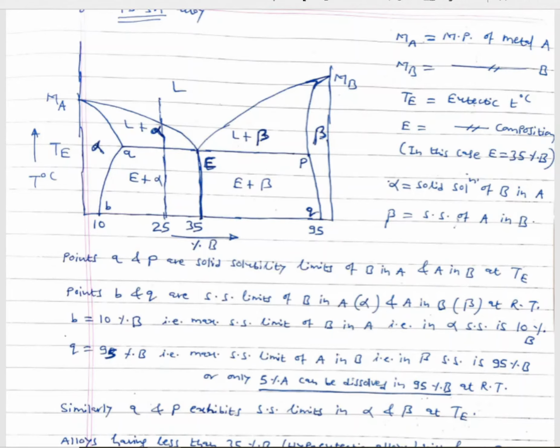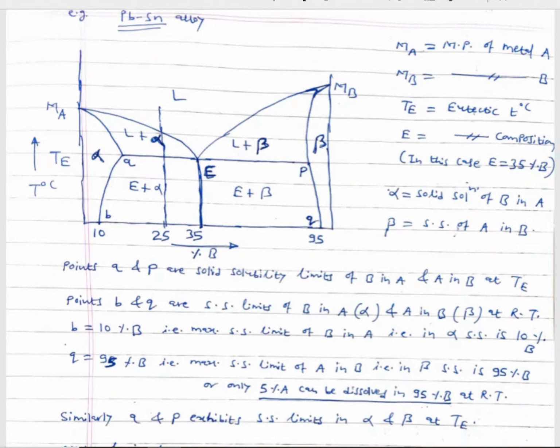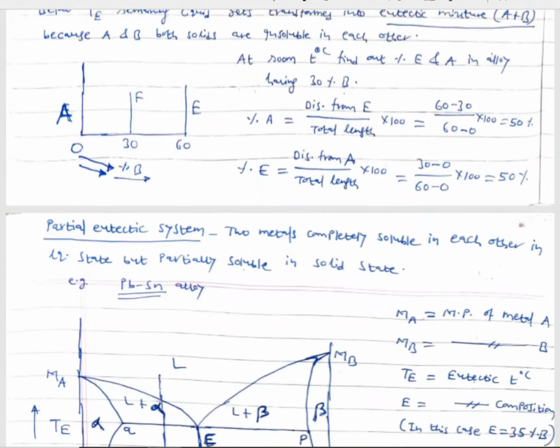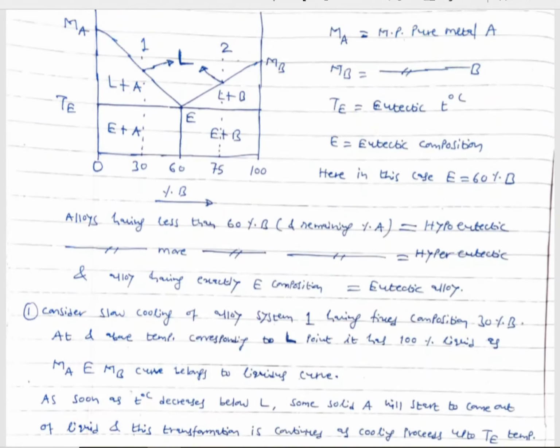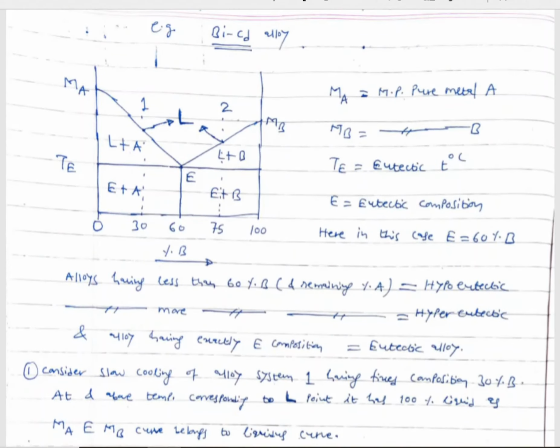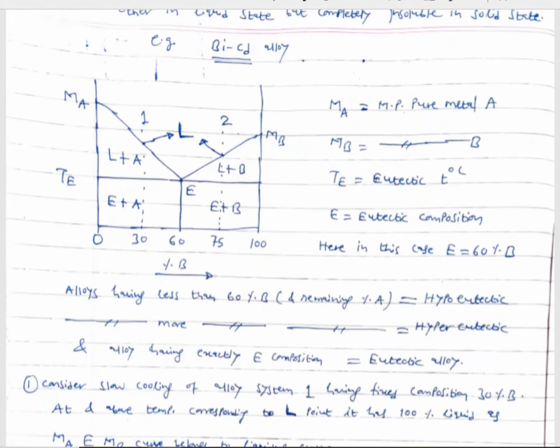E is the eutectic mixture of alpha and beta. In the earlier case, in the eutectic system, we had seen eutectic was the mixture of pure metal A and pure metal B, because both the metals were completely insoluble in each other in solid state. So mixture of A and B is known as eutectic in eutectic system.